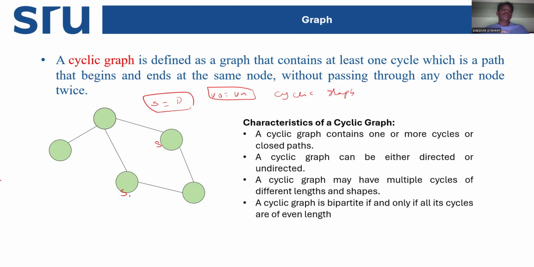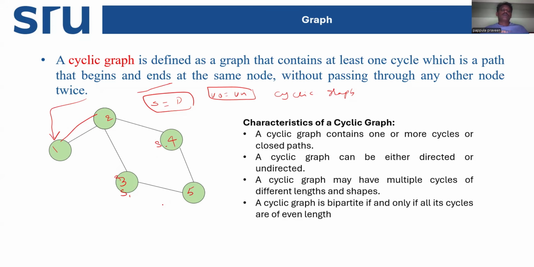So here we start from this one. Now this is one edge. Suppose this is one, this is two, this is three, this is four, this is five.